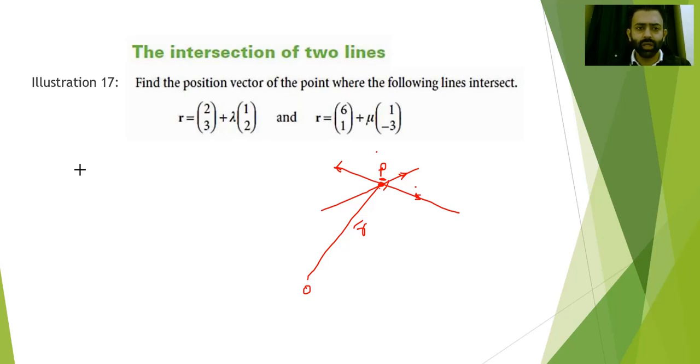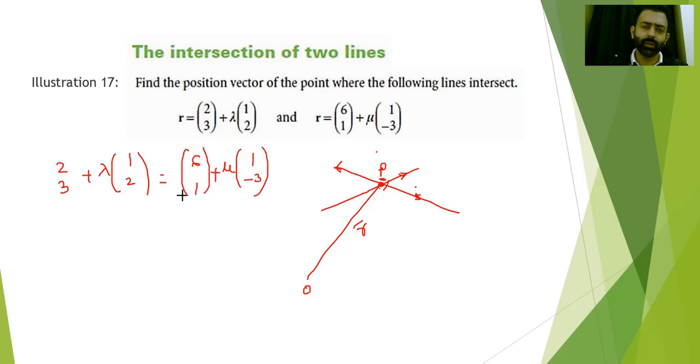So we have been given vector r as (2, 3) plus lambda times (1, 2). This must be equal to (6, 1) plus mu times (1, minus 3). These two represent, for some values of lambda and mu, the same position vector.